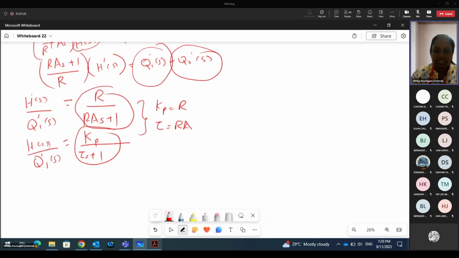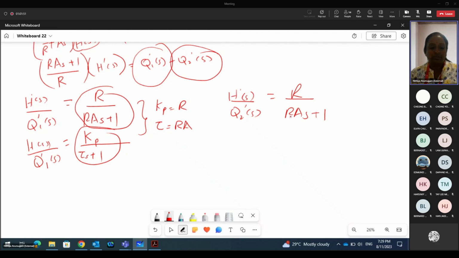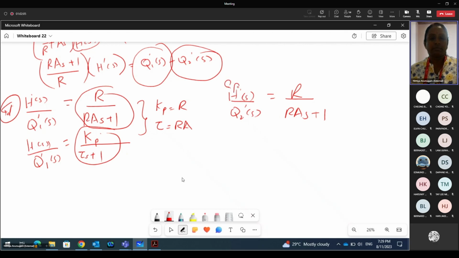All right, so we can express that as H over Q2 S. Q2 we bring to the other side, so this entire thing will go to the other side. R over RAS plus 1. Sorry, I was wrong just now. This one is for the GD term, disturbance transfer function, and this is for the G process term.